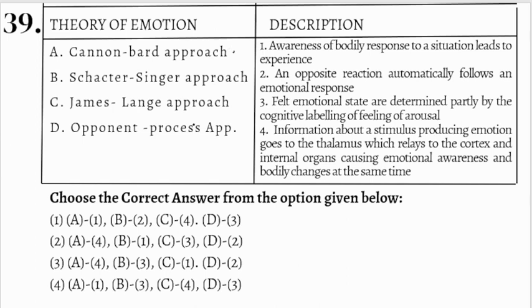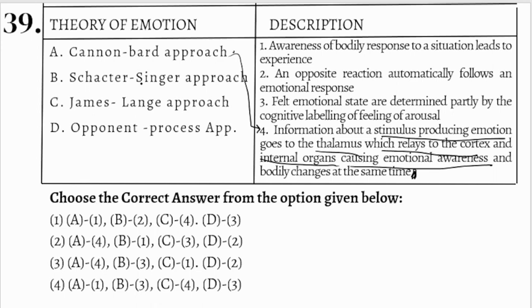What is the option matching this? Okay, yes, fourth. Information about a stimulus producing emotion goes to the thalamus, which relays to the cortex and internal organs, causing emotional awareness and bodily changes at the same time.